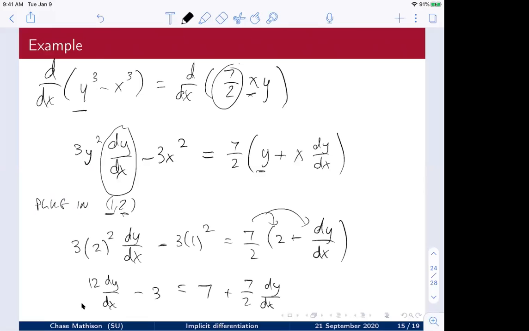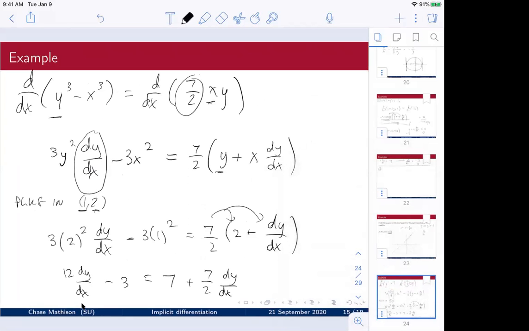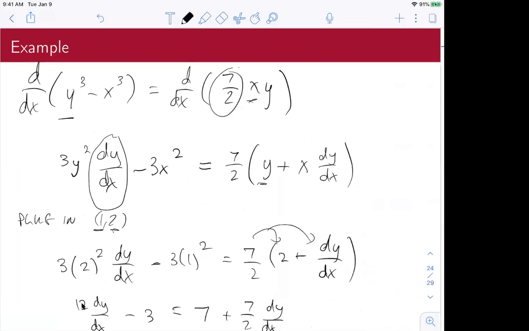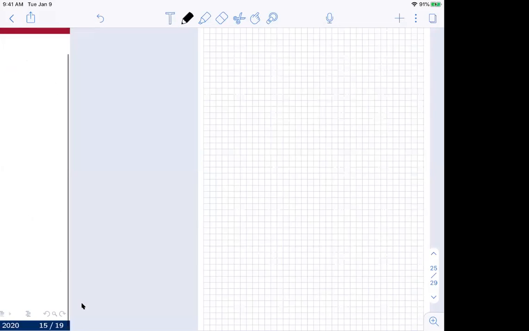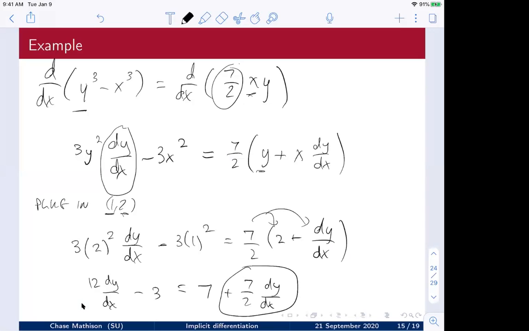Okay. And now we just need to move some stuff around. Let me add a page. Let's get all the dy dx's on the left. So we have 12 dy dx minus 7 halves dy dx.